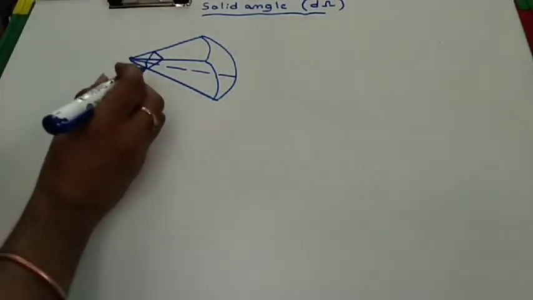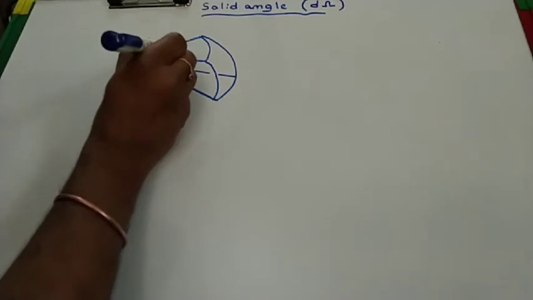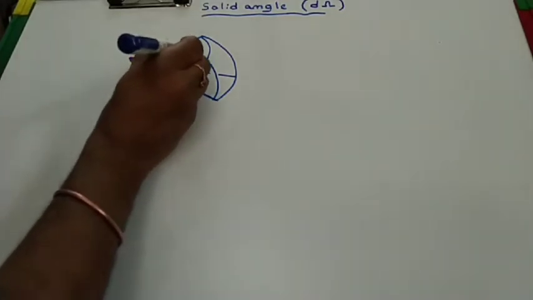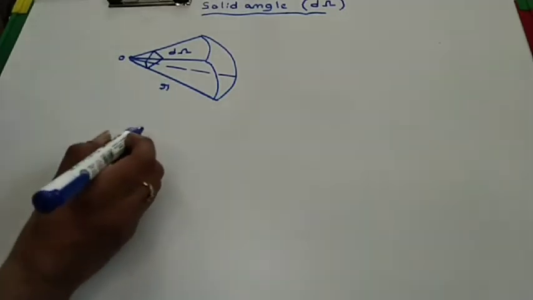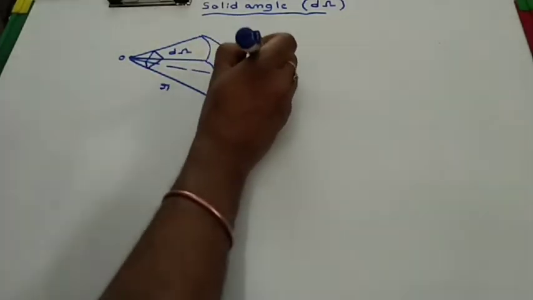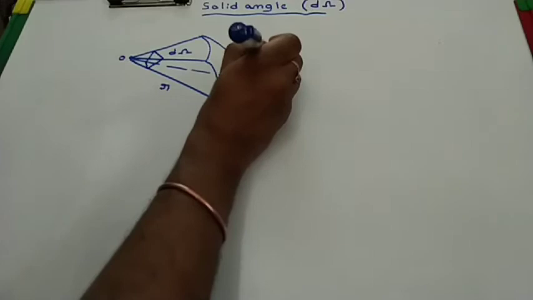This angle we can call the solid angle, that is d omega. It is O. This is the radius of the sphere. This is the area, that is dA.